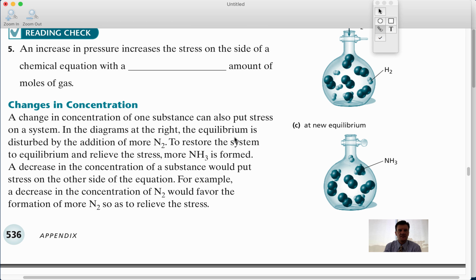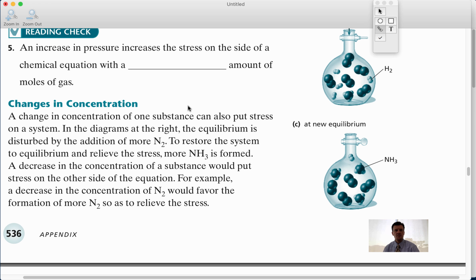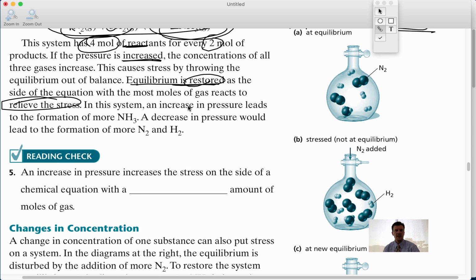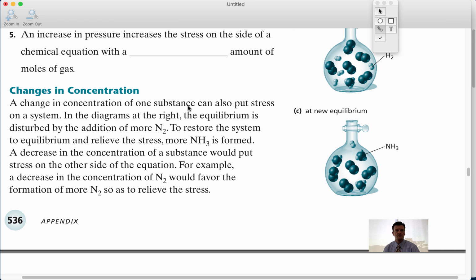Okay, let's look at changing concentration. Let's use the same reaction. If you change concentration, again, the reaction is going to shift to try to either replace what you've taken away, replace some of it, or it's going to use up some of what you've added.